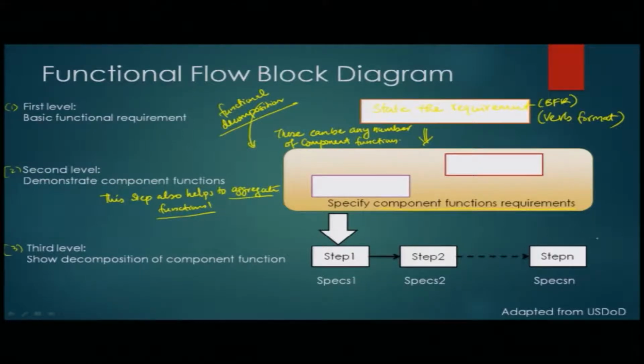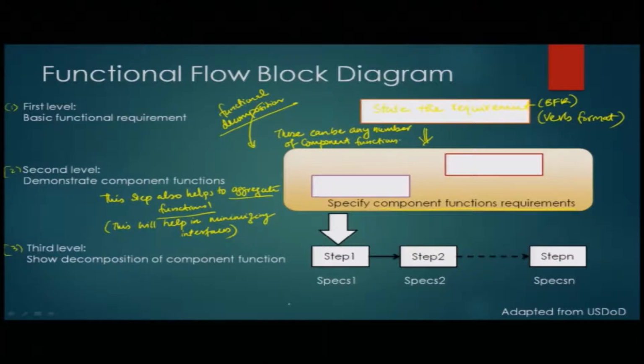But once that is done, you also look for opportunities to aggregate functions. Why? Because this will help in minimizing interfaces. Remember, one of the aspects of aggregating functions is that we can minimize interfaces. Our aim is to ensure that the functional interfaces required are minimized.